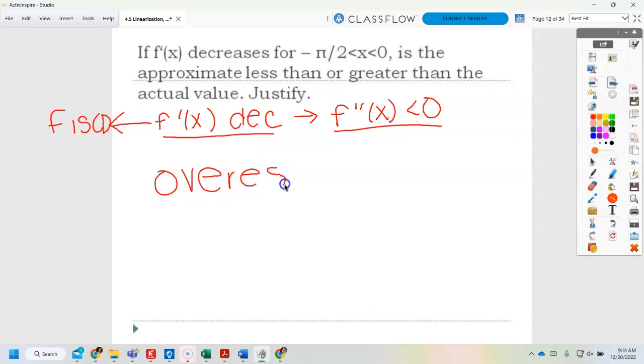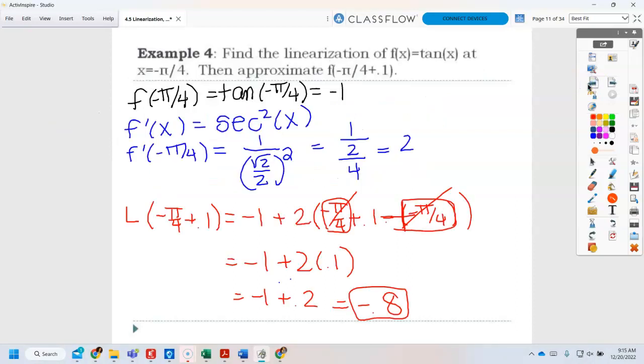So if you don't know what the function looks like, you could actually take f prime, and then find f double prime. So I could have found the derivative of secant squared, which is 2 secant x, because it's the chain rule, right?